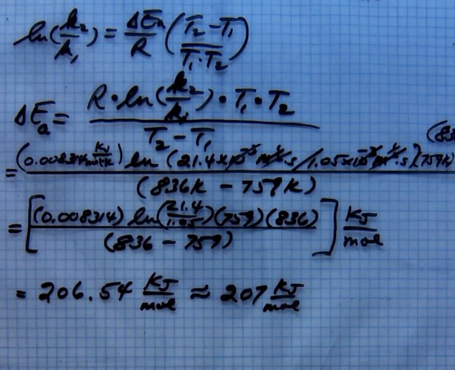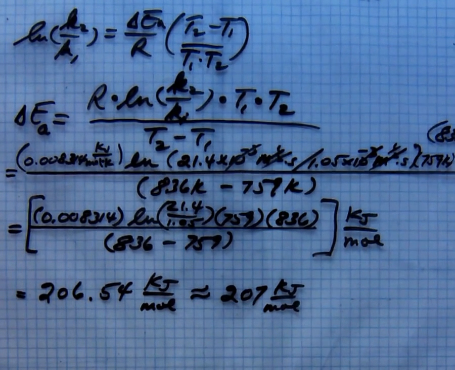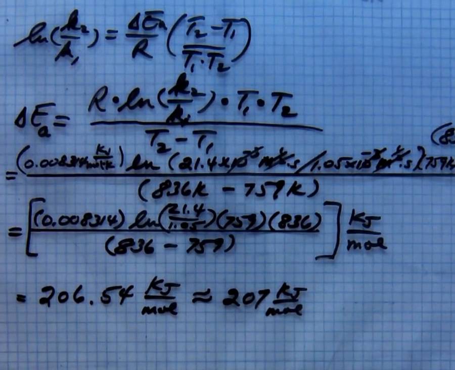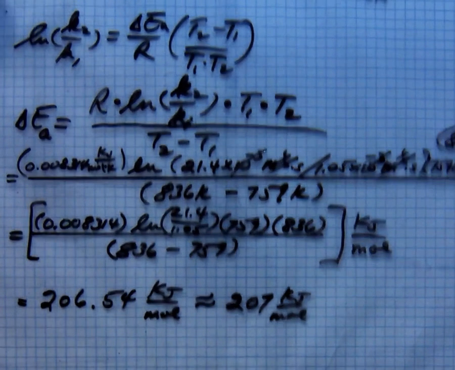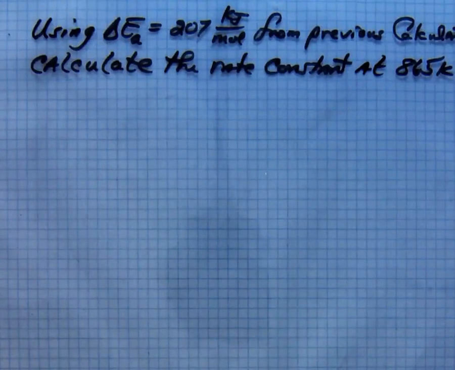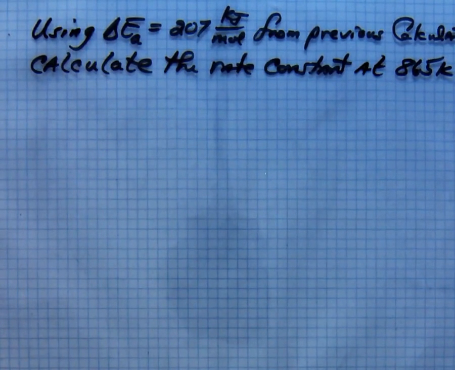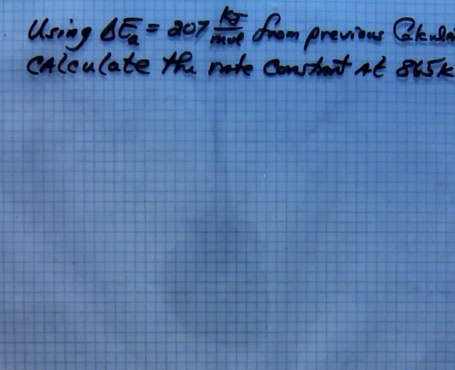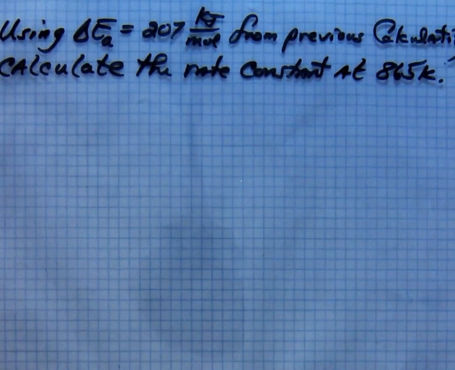It wants us also to calculate what the rate constant would be at a higher temperature. Back up here. Okay, simplifying it, using the delta EA equals 207 kilojoules per mole from the previous calculation. Calculate the rate constant at 865 Kelvin.